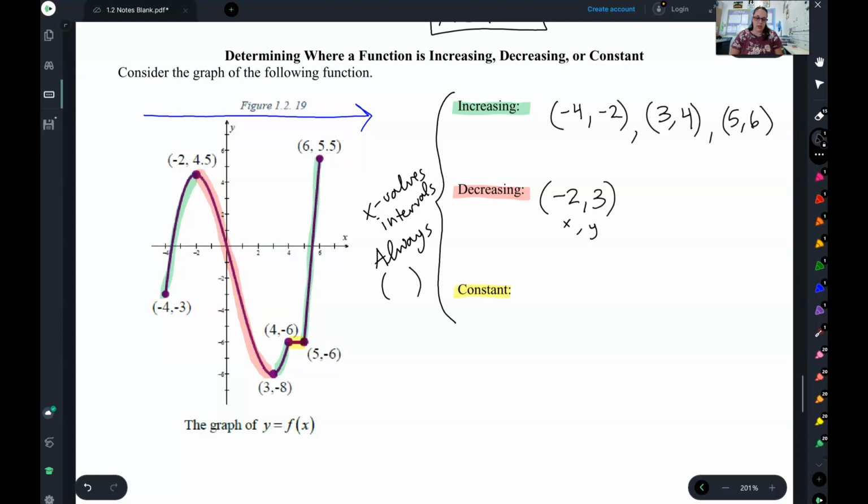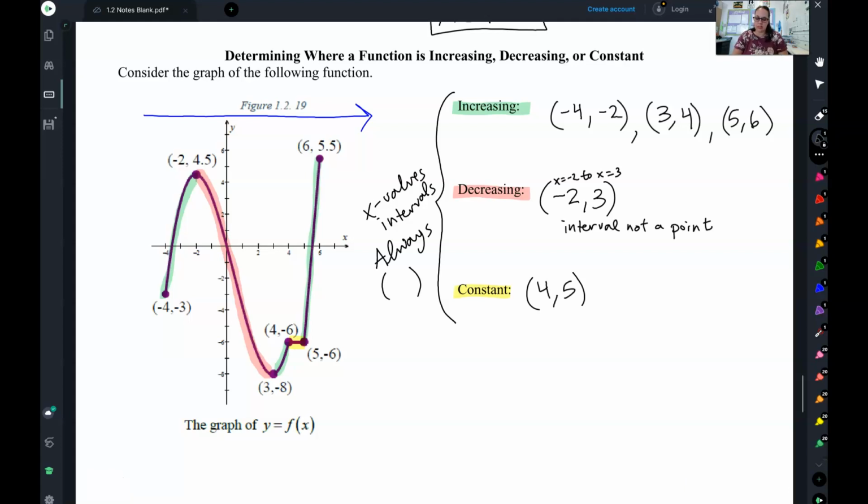It is an interval. This is an interval, not a point. So from x equals -2 to x equals 3. And our last one, our constant, is right there. So from x equals 4 to x equals 5. And there we go. That's how you do increasing and decreasing.